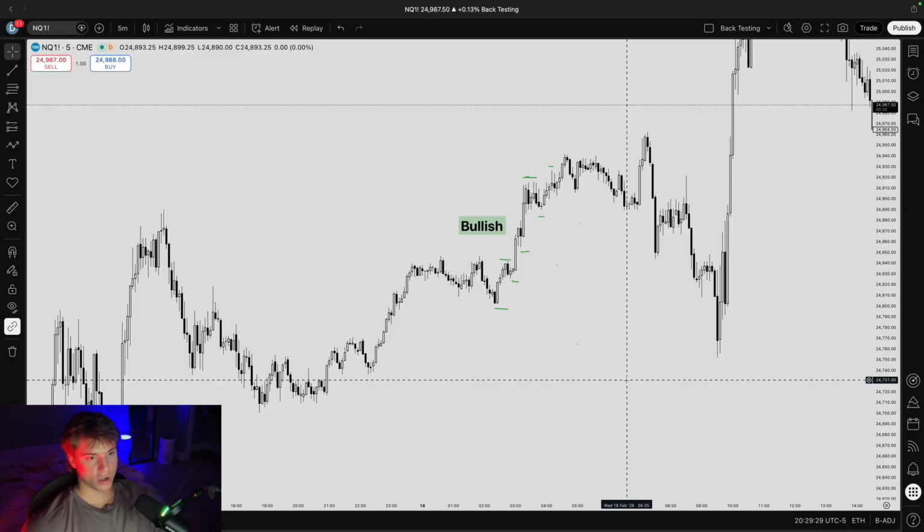And then I want you to mark out 5 break of structures to the upside, 5 break of structures to the downside. Also, 5 change in states in either direction. And then from there, I want you to confirm the change in state of deliveries with a break of structure after that. So that'll really get your mind thinking whether it's a break of structure and if you know it's correct or not.